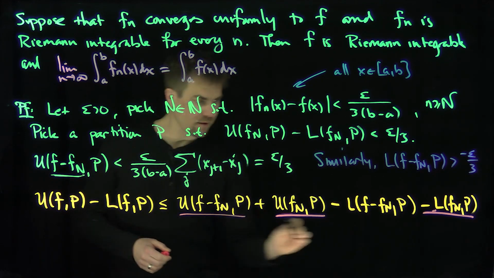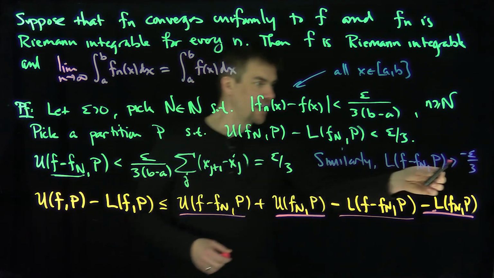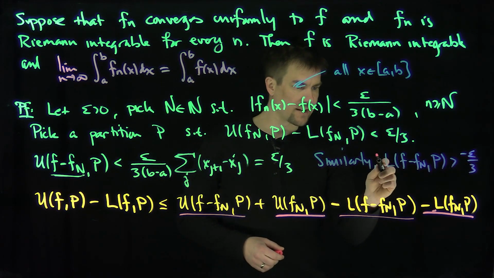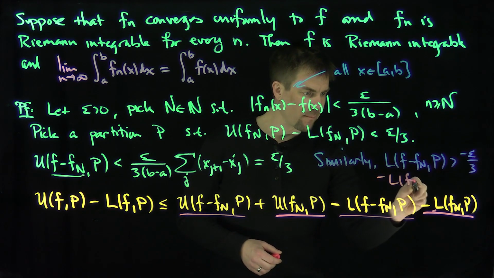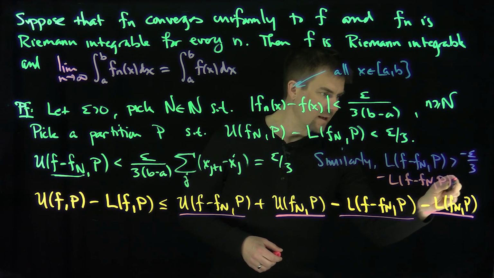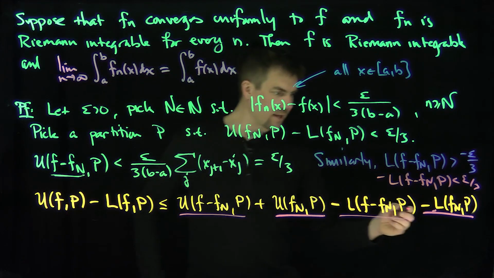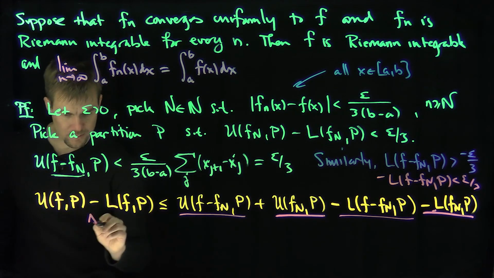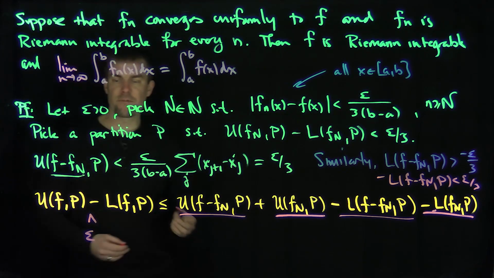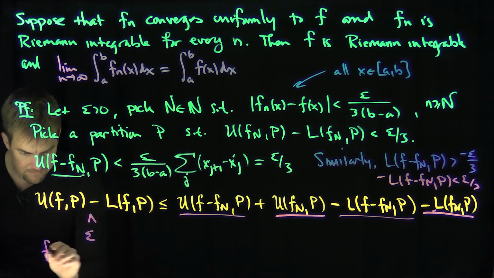And then this is less than epsilon over 3, and that's less than epsilon over 3 with a negative sign. If I flip the signs over here, I can say that negative L of f minus Fn on P is less than epsilon over 3. So all these things together are cumulatively less than epsilon, and we've proven that f is Riemann integrable.